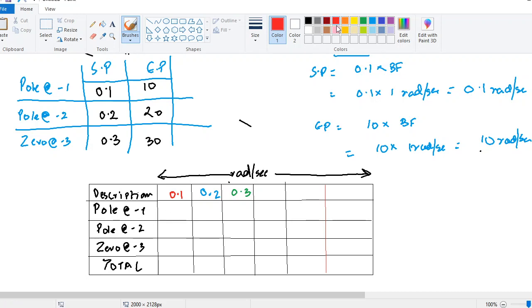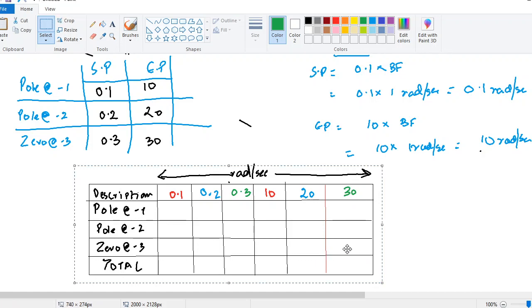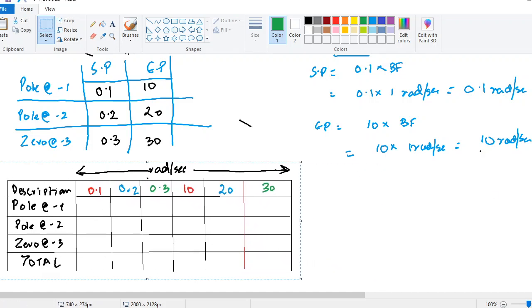So the end point, let's put it in red as well, is at 10 radians per second. The start point for the pole at -2 is at 0.2 radians per second, and the end point is at 20 radians per second. And the start point for the 0 at -3 is at 0.3 radians per second, and the end point is at 30 radians per second. Okay, so that's sorted out. So let's bring that to the side here as we continue our work.